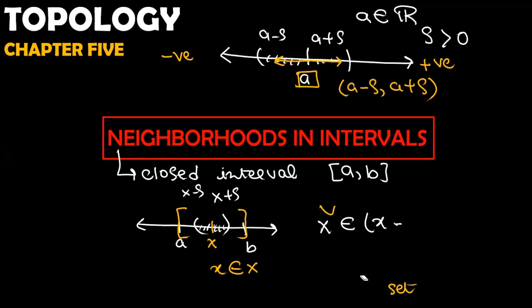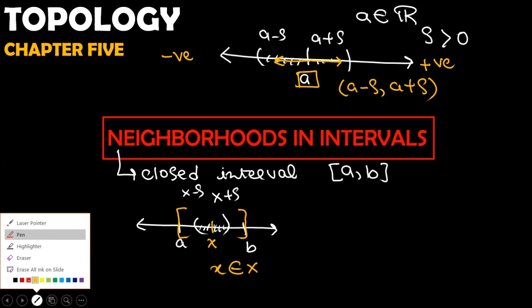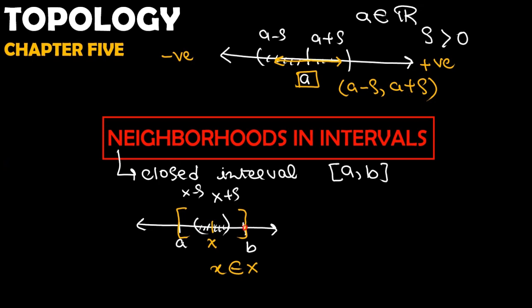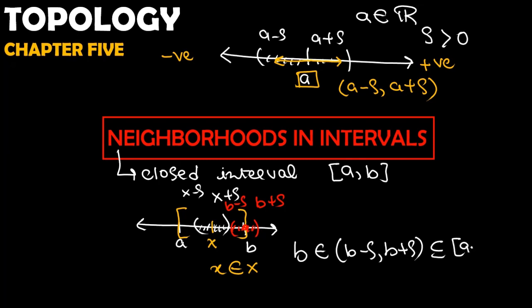The next question that usually arises in students' minds is whether it is possible to find a neighborhood of point b. I cannot find a neighborhood of point b. Why? Because you can see that b belongs to the open interval (b minus delta, b plus delta), but (b minus delta, b plus delta) is not a subset of [a, b].